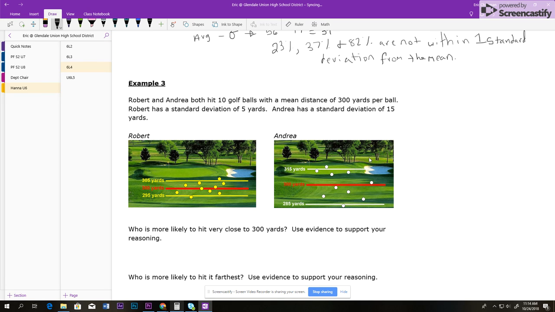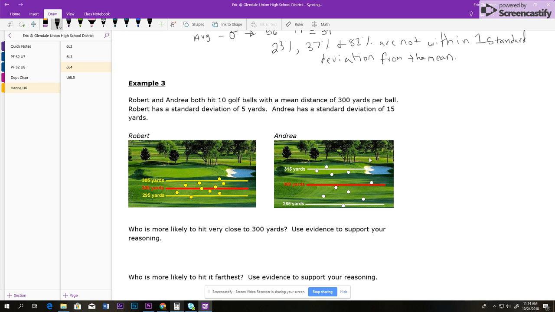All right, so let's take a look at example 3. Robert and Andrea both hit 10 golf balls with a mean distance of 300 yards per ball. Robert has a standard deviation of 5, and Andrea has a standard deviation of 15 yards. Who is more likely to hit very close to 300 yards? Use your evidence to support.